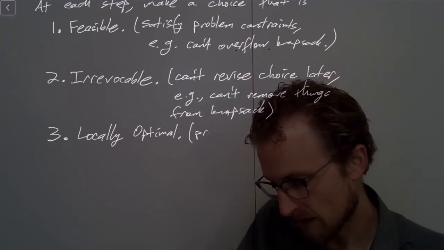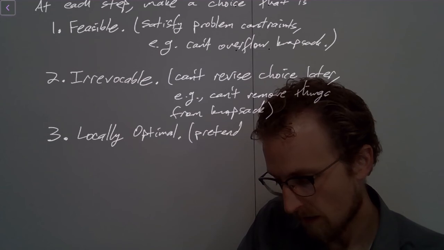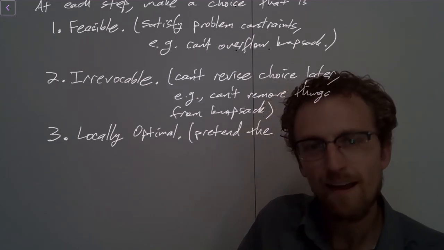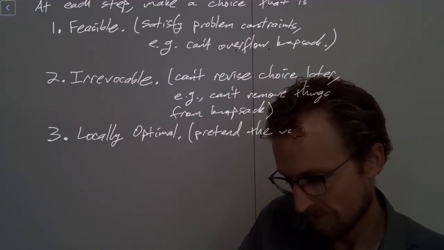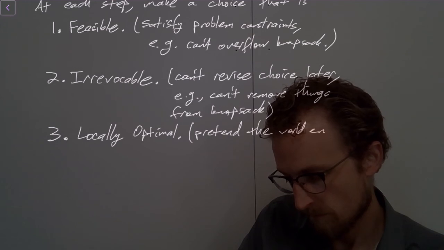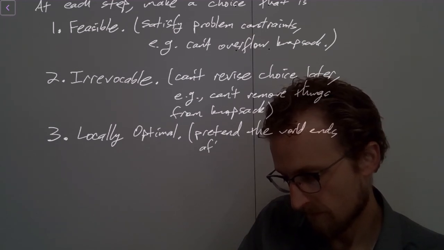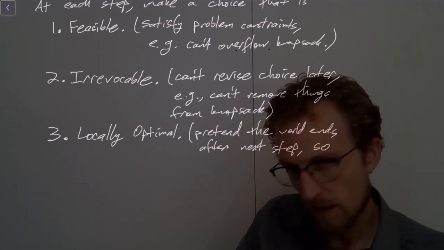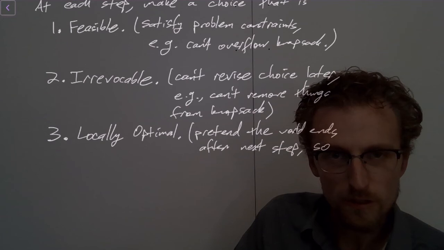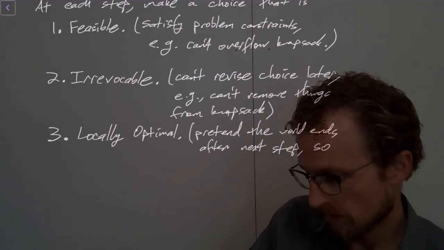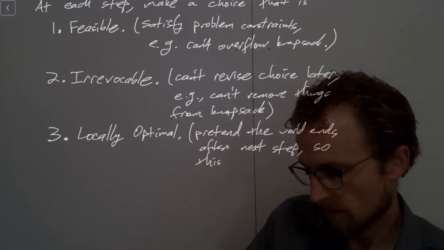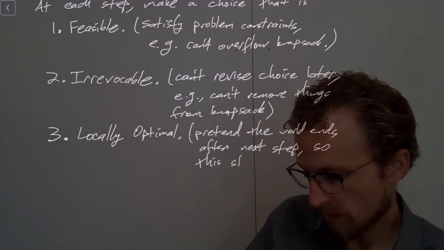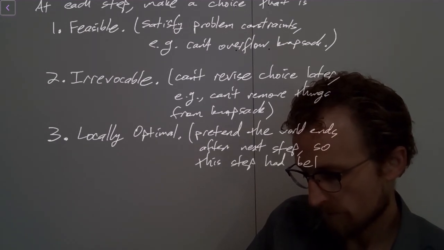Let's be informal and say, pretend the world ends after the next step. This is your last chance to get as close to the correct answer as possible, so this step had better be as good as possible.